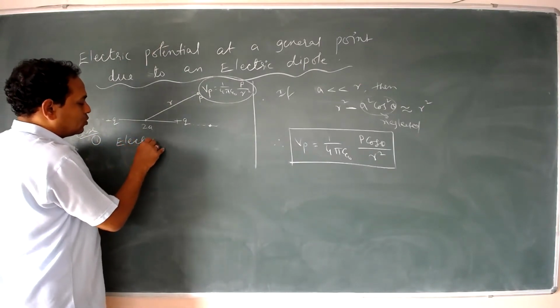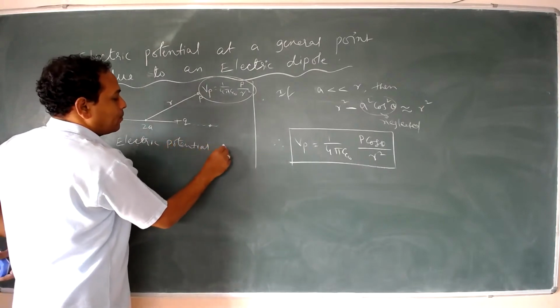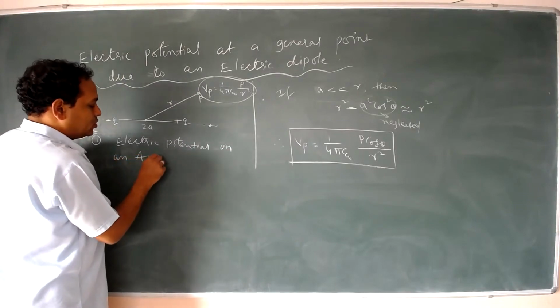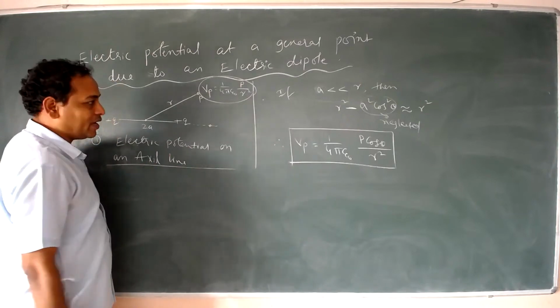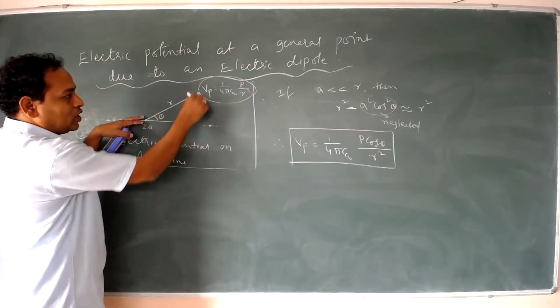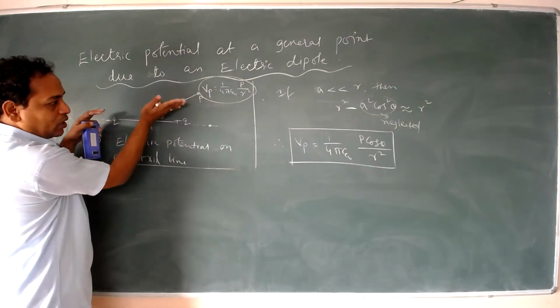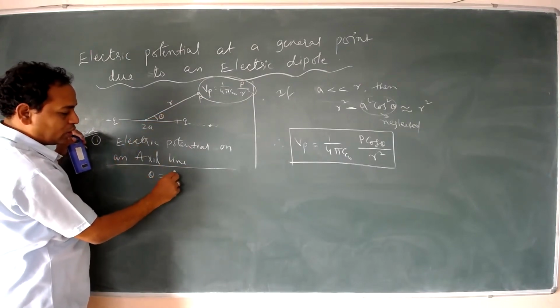Electric potential on an axial line. For the axial line, what is the angle? If I bring this point here, this is the angle theta. If I bring this point here, then this will become 0. That means for the axial line, theta is 0 degree.